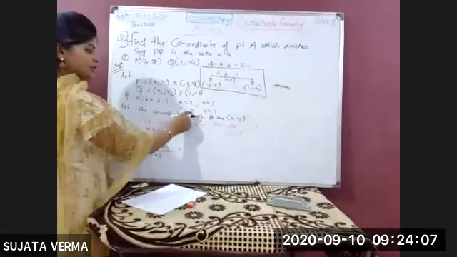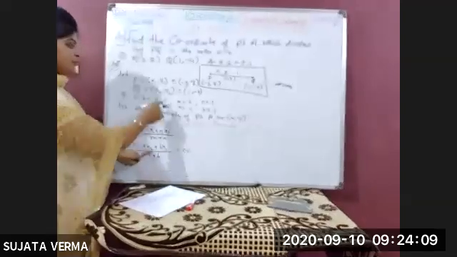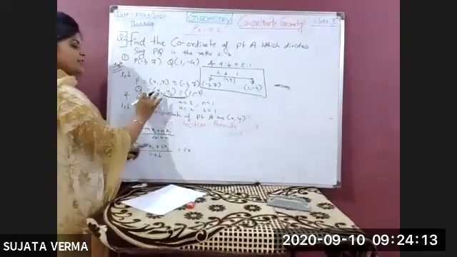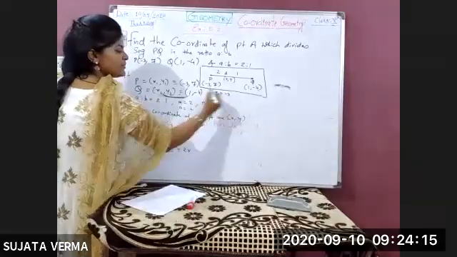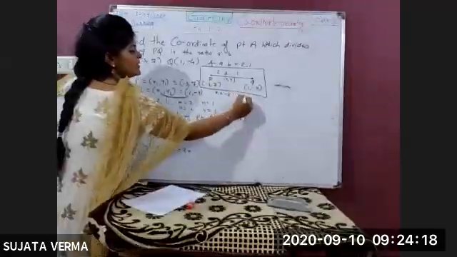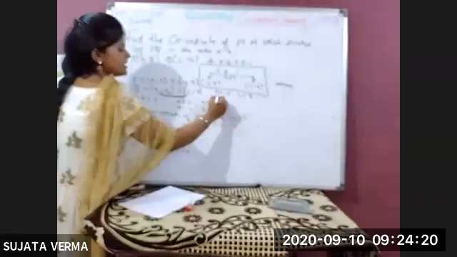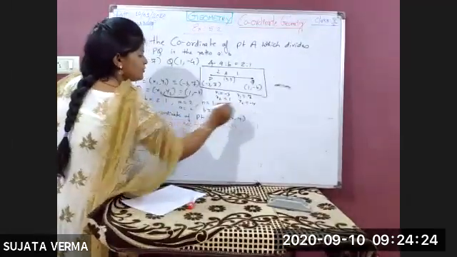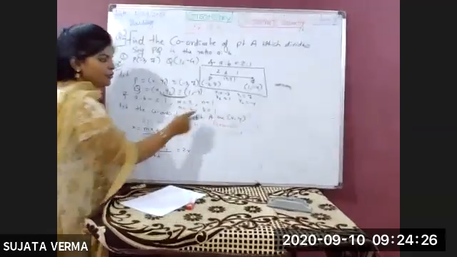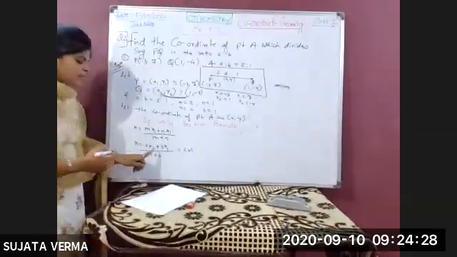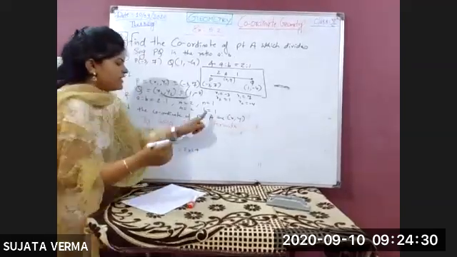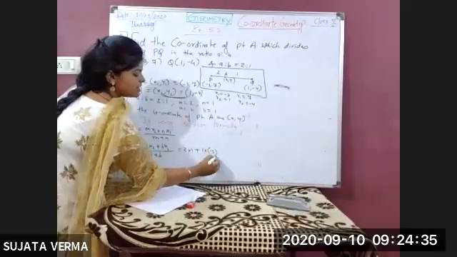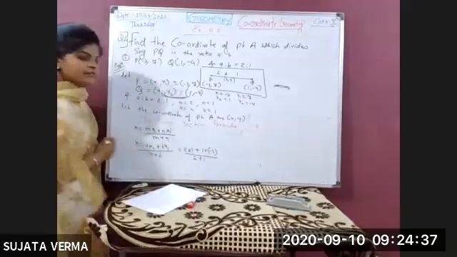A is 2. First we write x1, x2. X1 is equal to -3, y1 is equal to 7, x2 is equal to 1, and y2 is equal to -4. So, the value of x2 is 1, plus B is equal to 1, and x1 is equal to -3, divided by 2 plus 1.